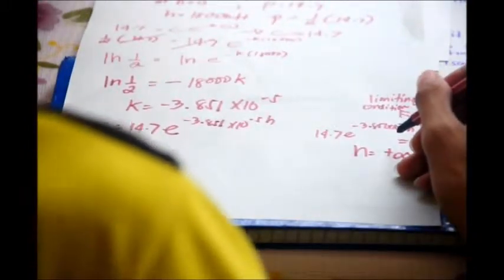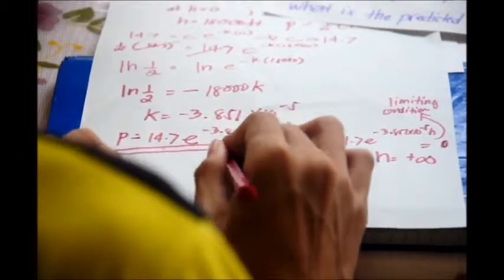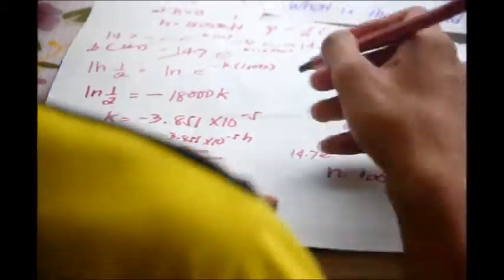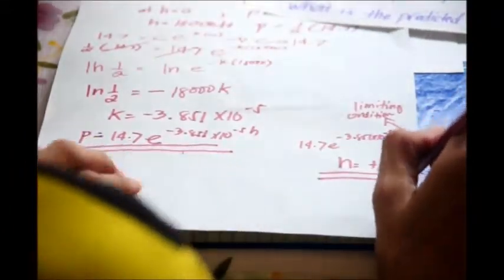So therefore, this is the formula for the pressure at any height, and the predicted height of the atmosphere in this assumption is positive infinity.